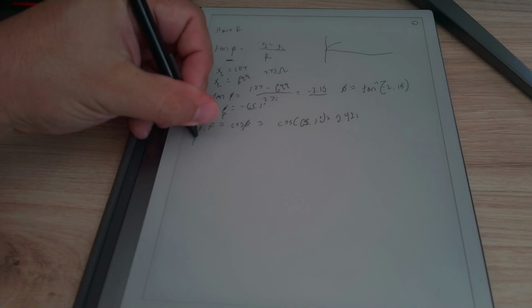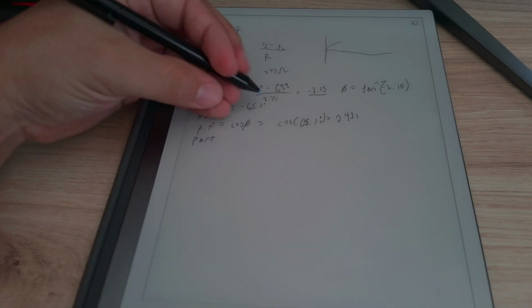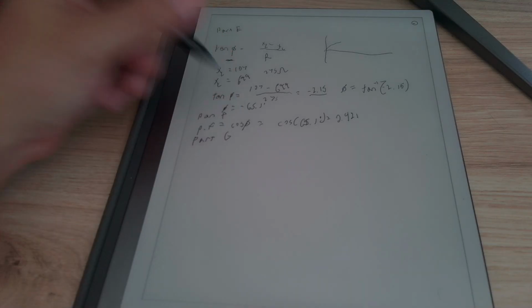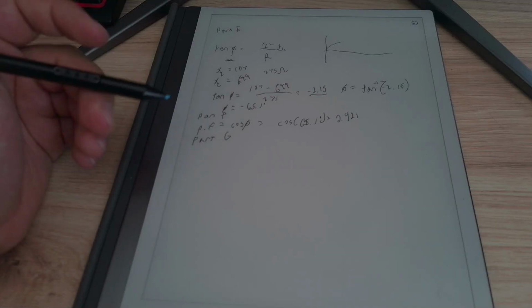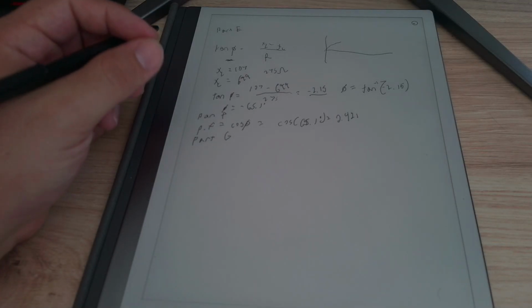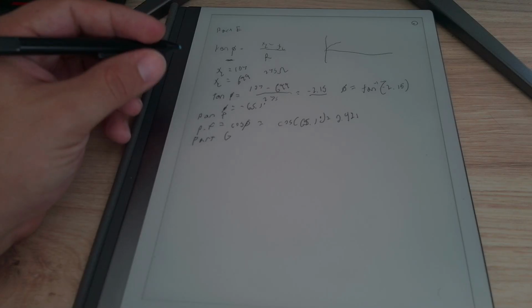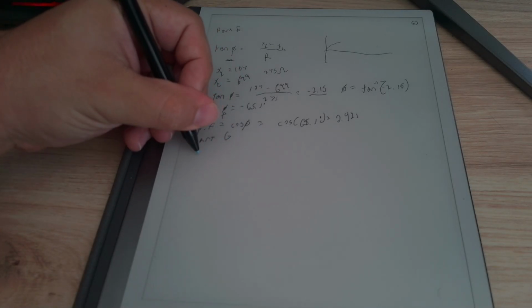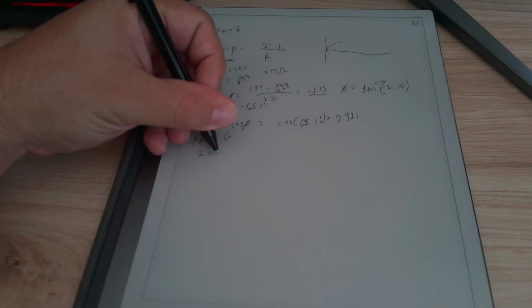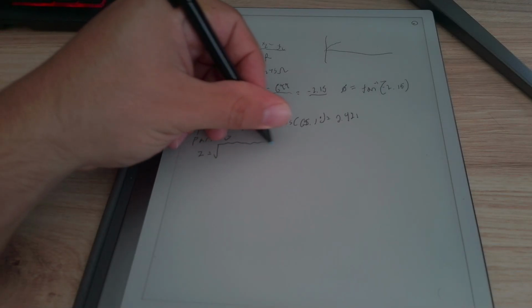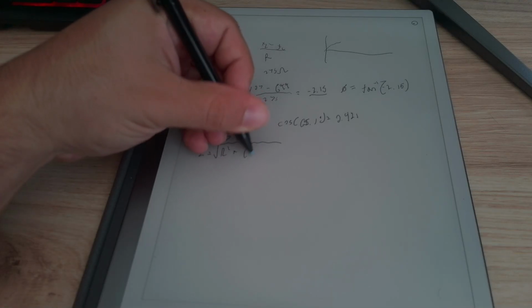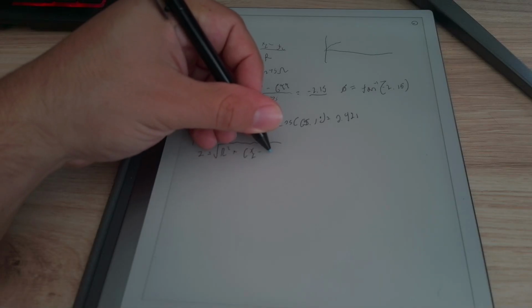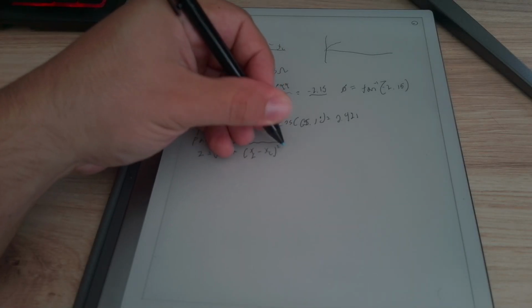And now for part G. Now, part G, for the circuit in the preceding problem, so we're going to keep using the same values that we solved previously. We have to find the impedance. Now, impedance Z is equal to the square root of R squared plus X L minus X C, squared.